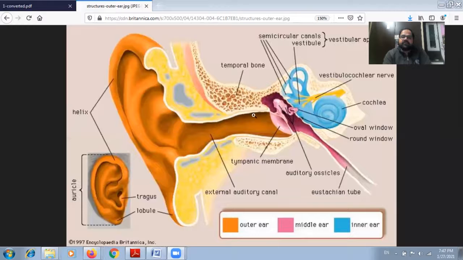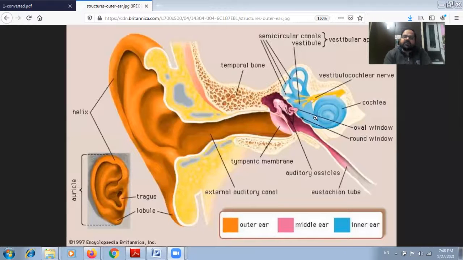One membrane is present between the external ear and middle ear, and it is the tympanic membrane, and two membranes are there in between the middle ear and internal ear. One's name is oval window and another is round window.